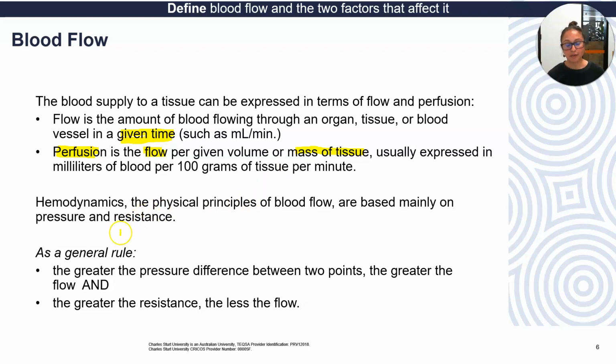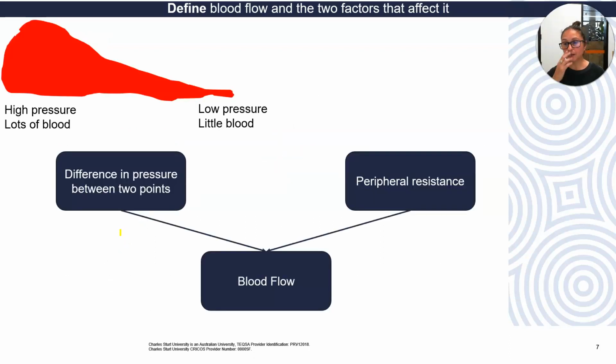So blood flow depends on two things. The first thing is the difference in pressure between 2 points, and the other factor is peripheral resistance. So what do I mean here? If I have lots and lots of blood in one area and not a lot of blood in the other area, which way is the blood going to move?